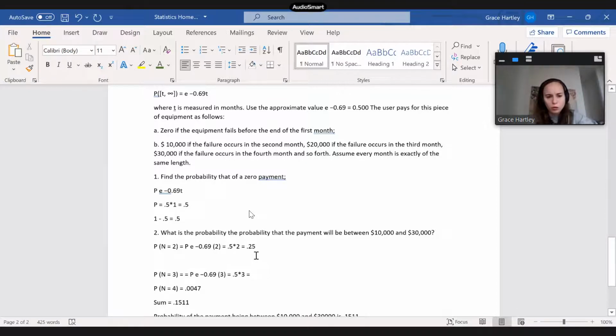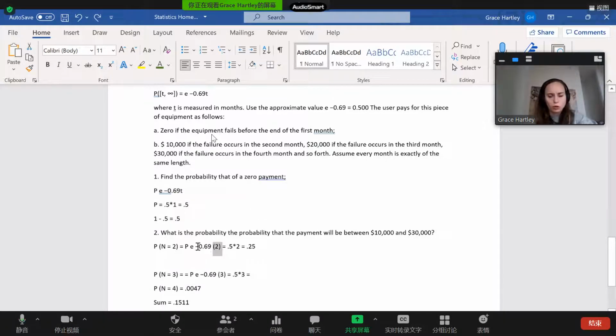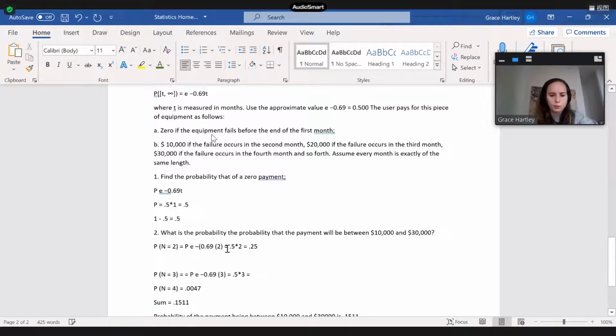The times 2 is inside, it's on the upper hand. It's like 0.69 times 2. It's not the whole number times 2, right? Do you think it's this, like 0.69 times 2?